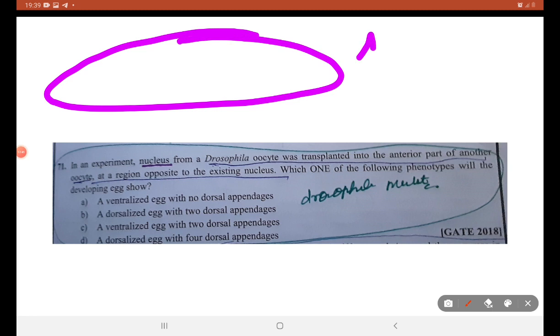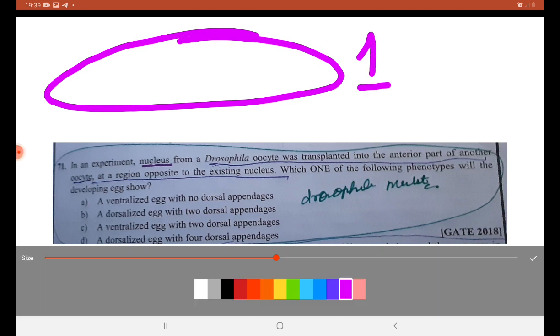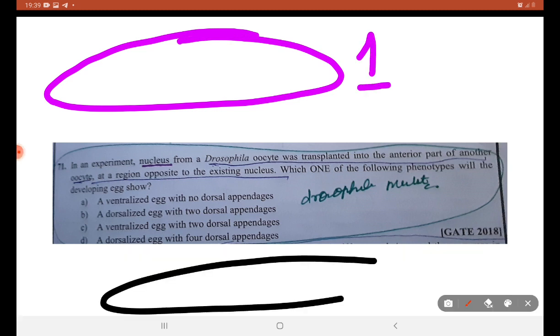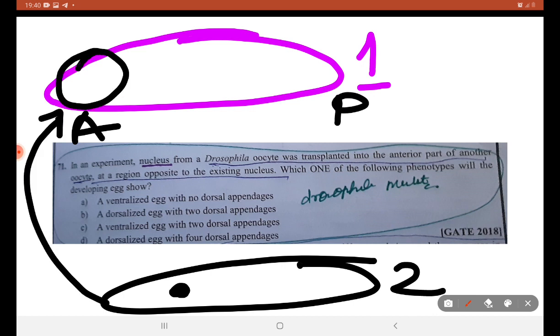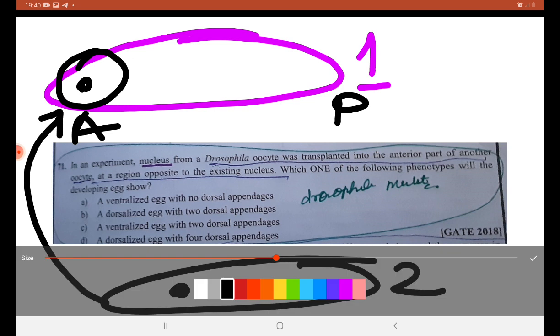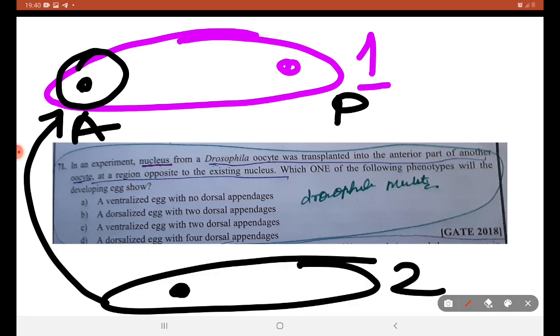This as egg cell 1. This as egg cell 2. If Drosophila oocyte was transplanted into the anterior part of another oocyte, so it is transplanted into the anterior part of the another oocyte in the region opposite to the existing nucleus.